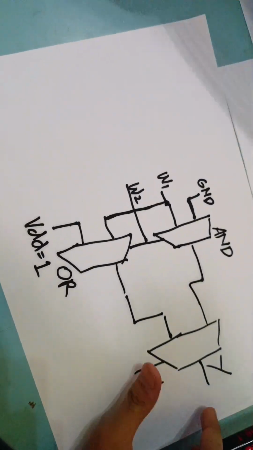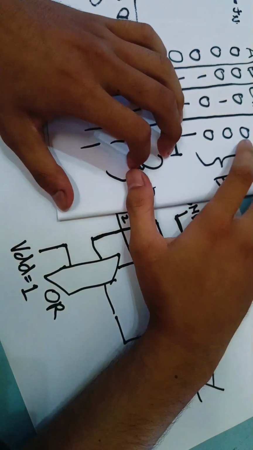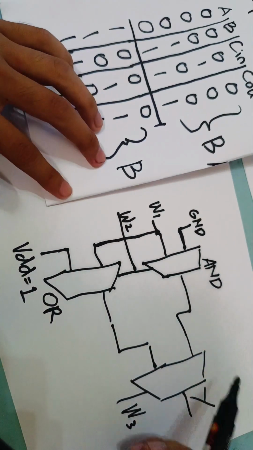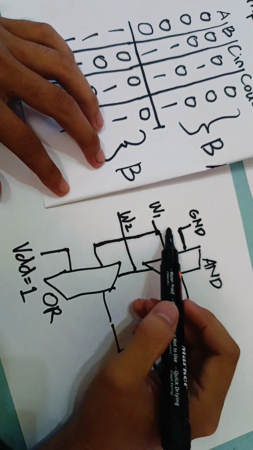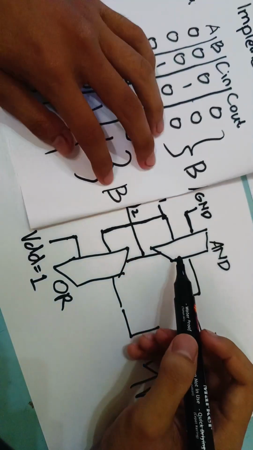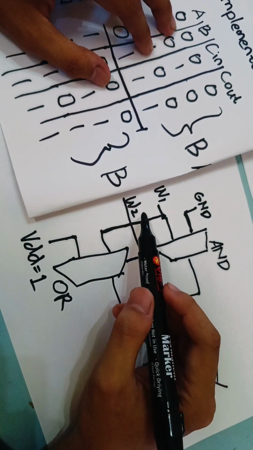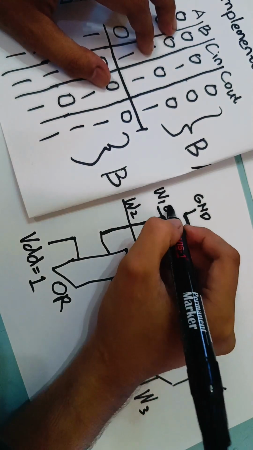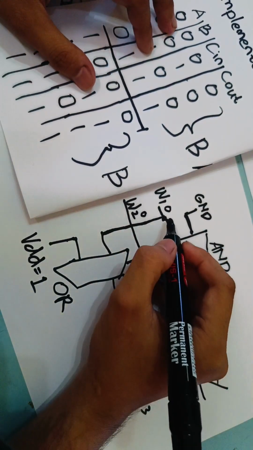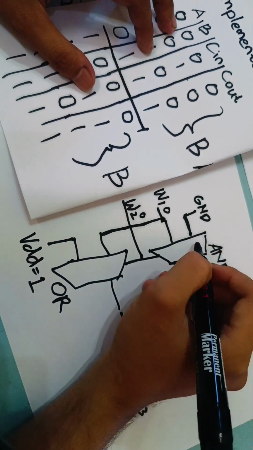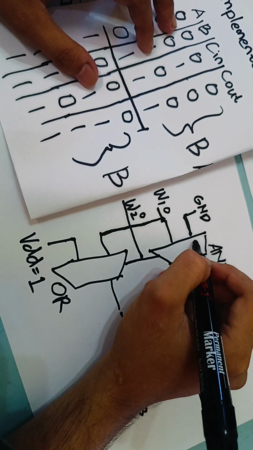So let's check if it's true or not. When the W1 is 0, that means Cin is 0. And then W2 is 0, which is B is 0. This is 0, 0. This mux will choose this input as the first input here.